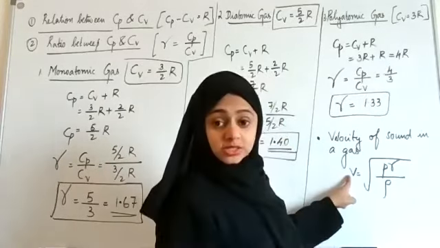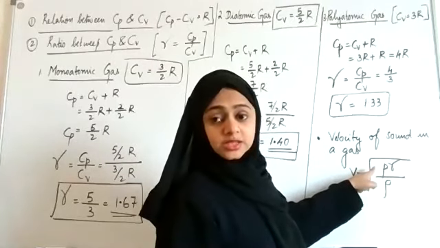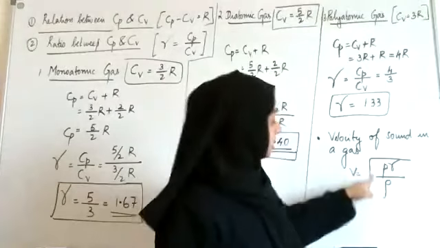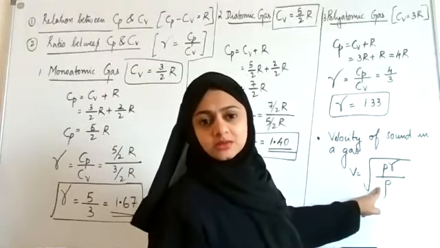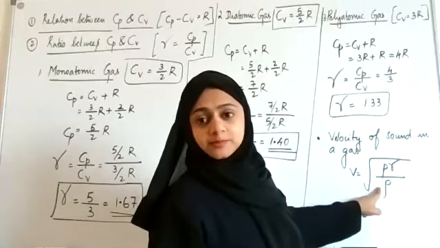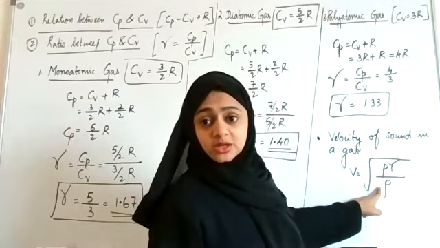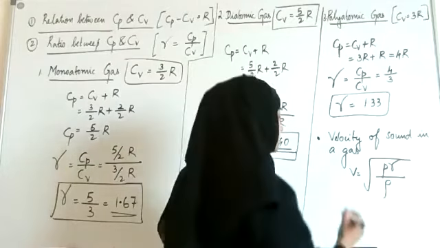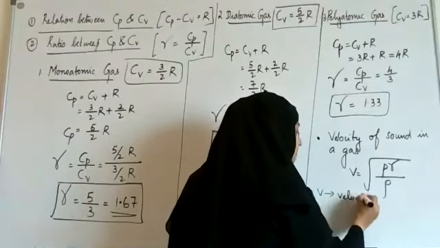V is the velocity. What is P? It's gas, so P is pressure. What is rho? You're familiar with the symbol rho, right? Rho stands for the density of gas. V here is the velocity of sound.